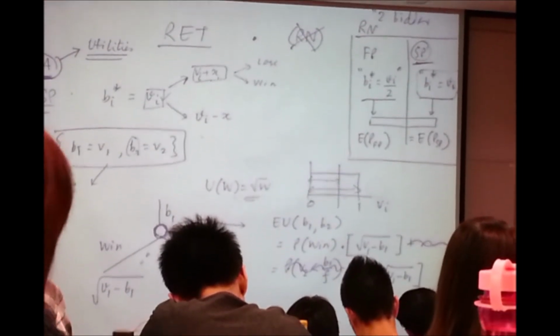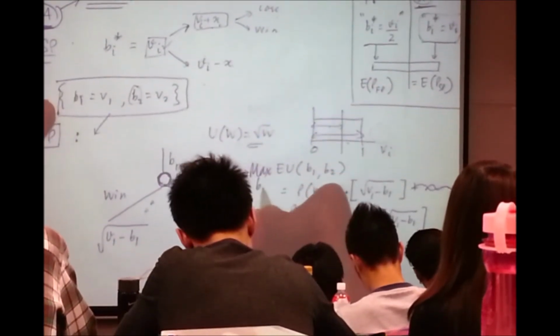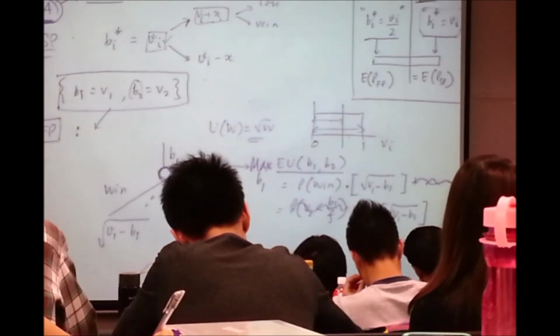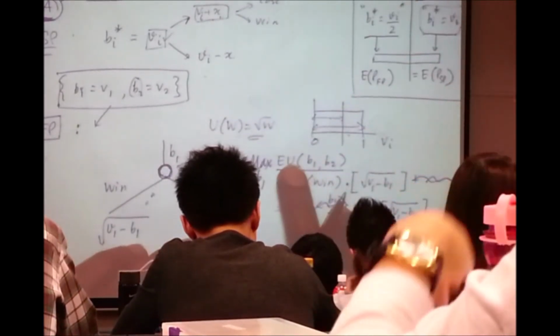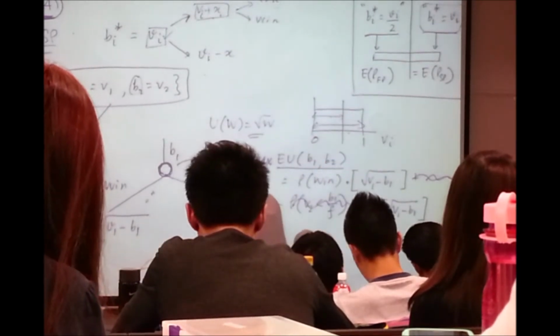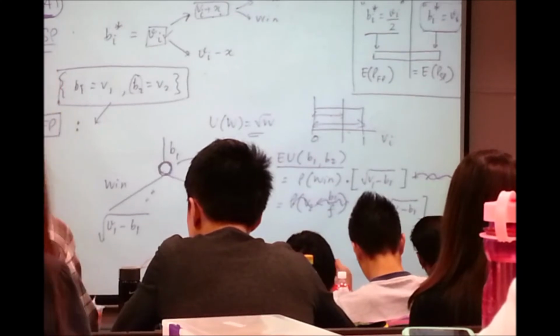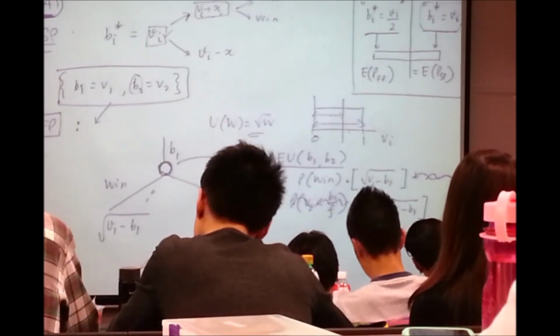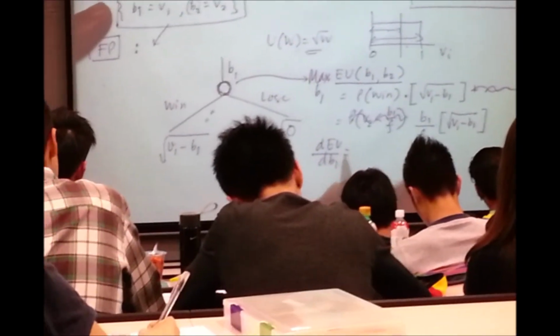My problem still remains the same. I am choosing a value for B1 to maximize my expected utility. Previously I was maximizing my expected payoff in dollar value simply because I was risk neutral. Now I am maximizing expected utility. If you do that, you derive a first order condition, dEU over dB1.